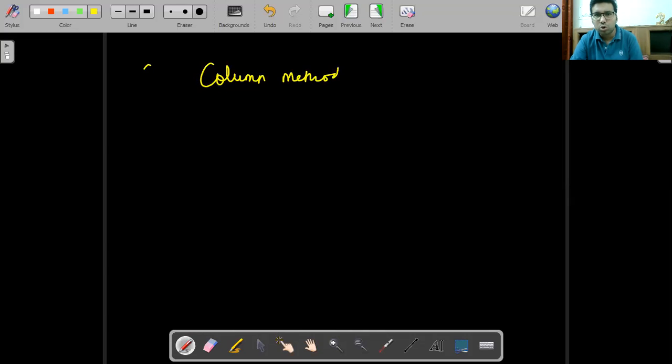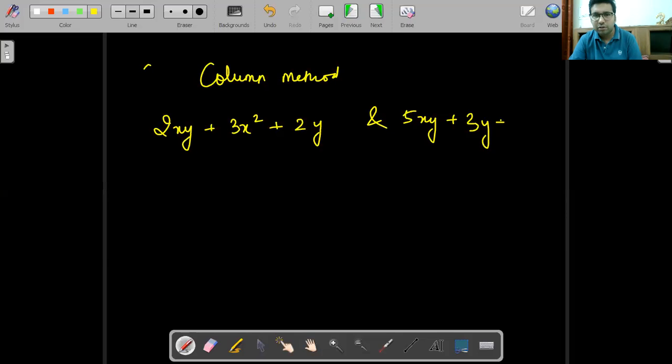Suppose the question is 2xy plus 3x square plus 2y and second is suppose 5xy plus 3y minus 2x square. Suppose we have to add these two.